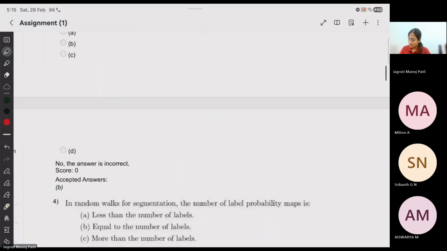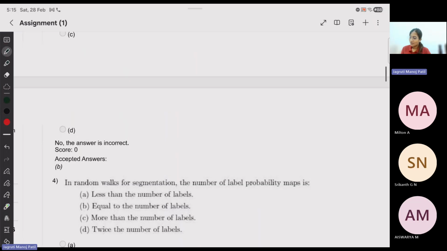Now this one. In random walks for segmentation, random walks is again that if you select one, move from one heterogeneous cloud to another cloud, then map the labels there. So if for one pixel you have a label, for that label you have one probability. Okay, so the number of label probability maps is what?